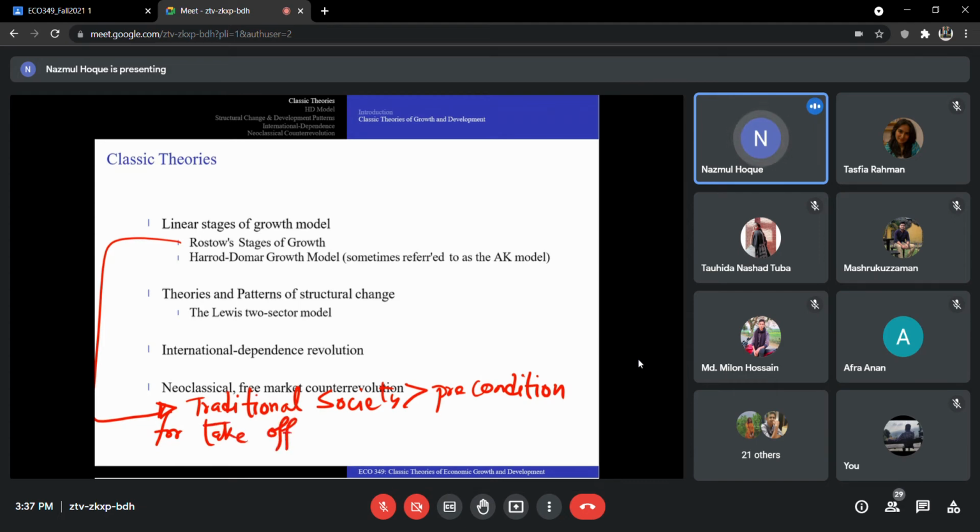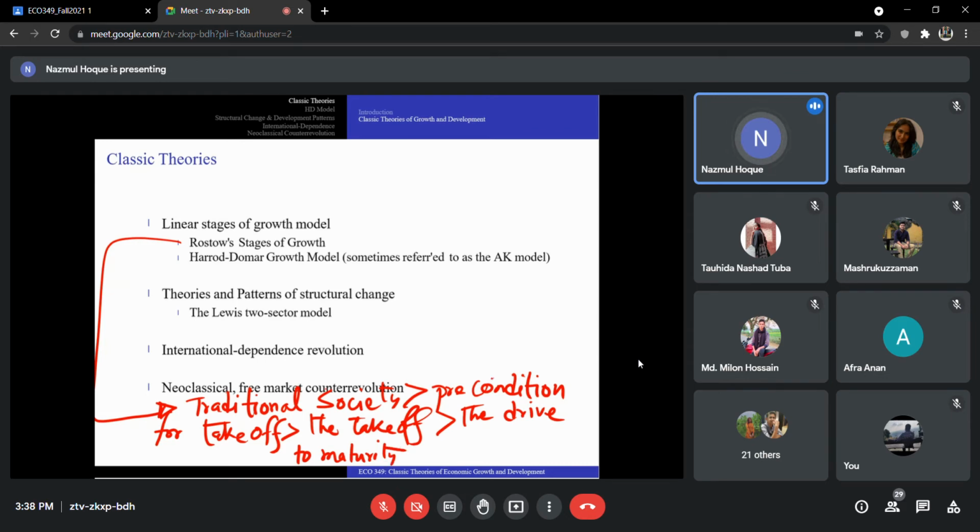The idea is of a plane taking off, starting to fly. The preconditions for takeoff will be followed by the takeoff, the economy growing, which will be followed by the drive to maturity.